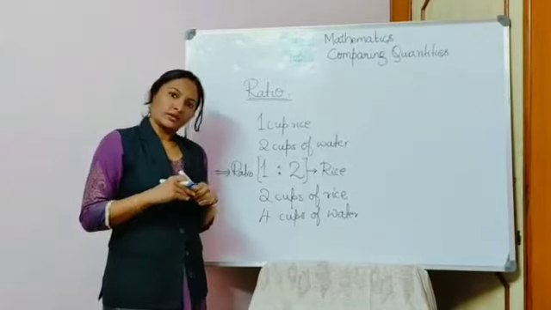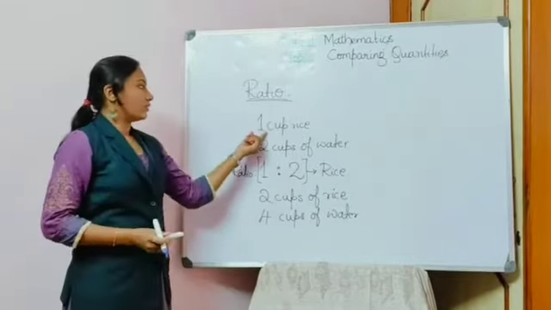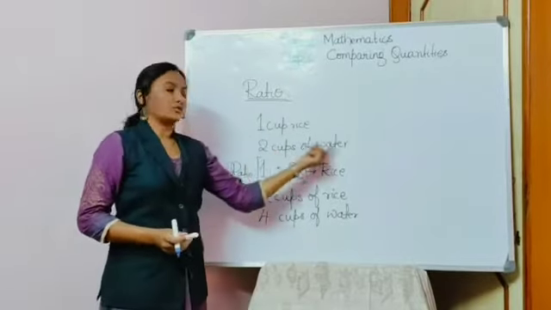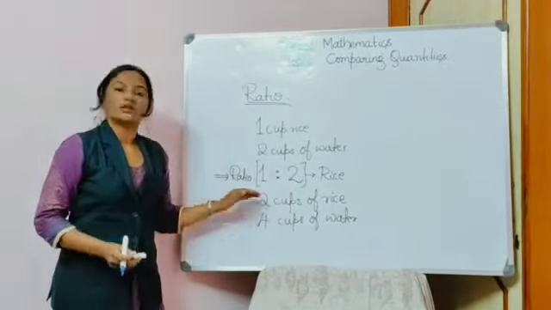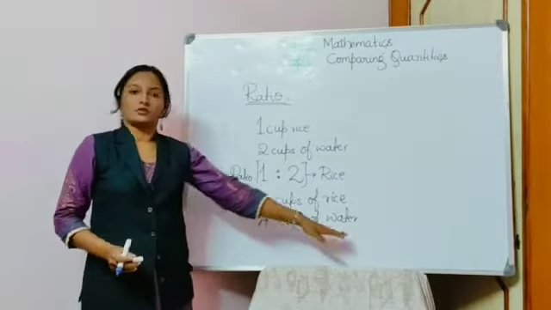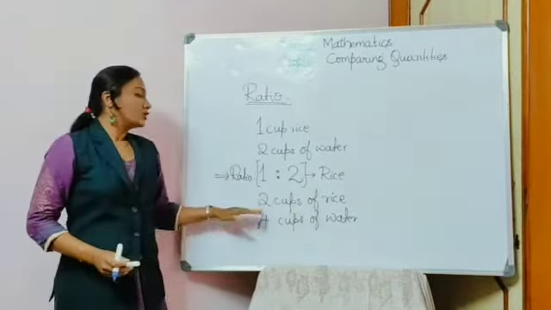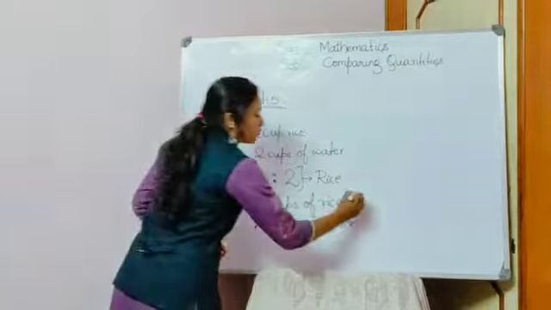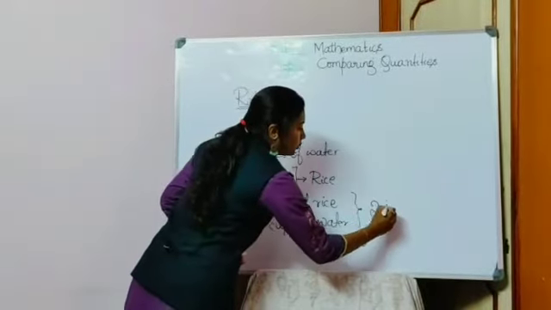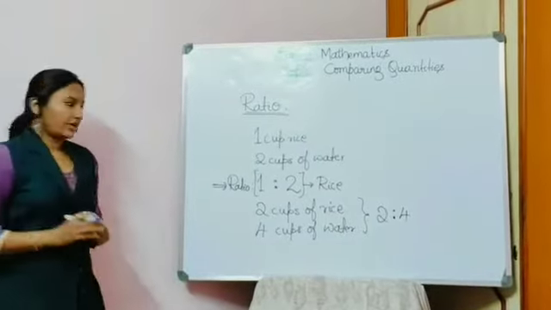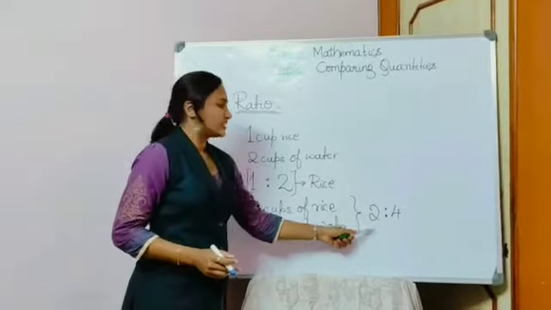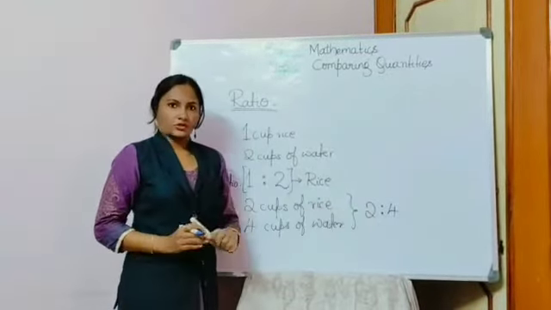How does it remain as 1:2? Here we have taken 1 cup rice and 2 cups of water. So the ratio is 1:2. And here we have taken 2 cups of rice and 4 cups of water. It gives 2:4 as the ratio.